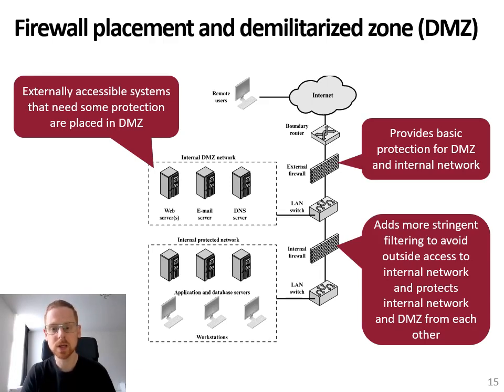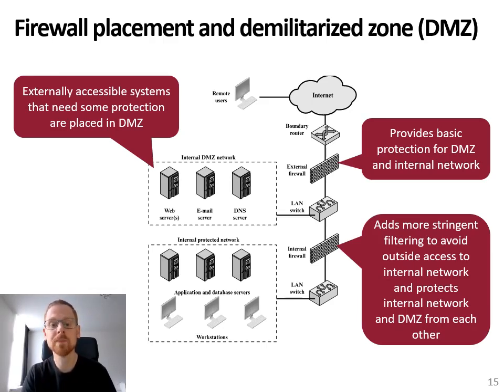In this case, nearly no traffic should be able to enter the network except if it's traffic related to a TCP connection that was opened from inside the network. Also, the internal firewall protects the internal network from the DMZ and the other way around.